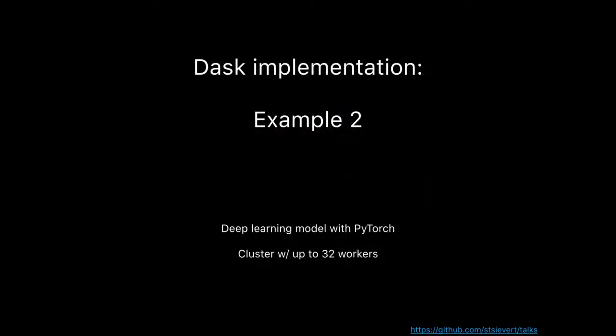So now I'm going to go through a second example. This example will show 2 things. First, it'll show that Hyperparameter Search CV works well with other models, not just scikit-learn models, and it will show how well Hyperparameter Search CV scales. So if you want to do it with 32 workers, let's say, it'll show how effective that is.